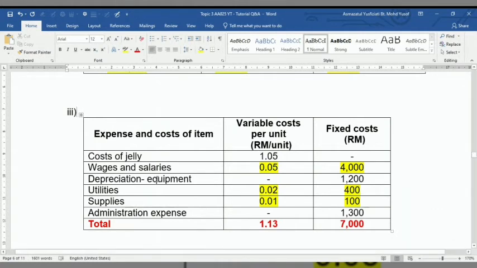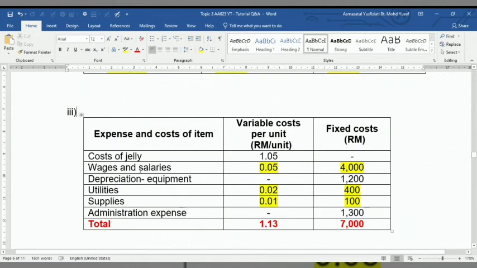So you use the table given, and you list down all the expenses and the cost items. So we go one by one. For cost of jelly, just now we already determined that the cost of jelly is variable cost. And then you calculate the cost per unit, then you get RM1.05. So this is the variable cost per unit. And for fixed cost, tak ada, it is zero, because this is the variable cost.